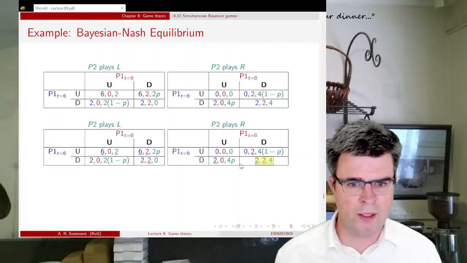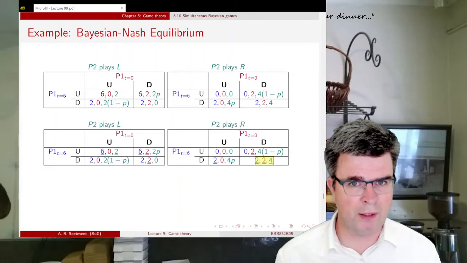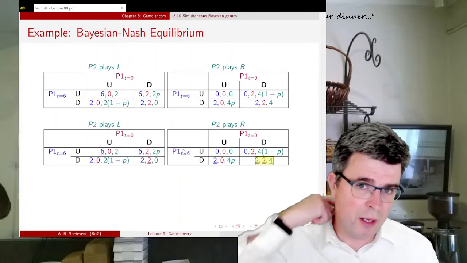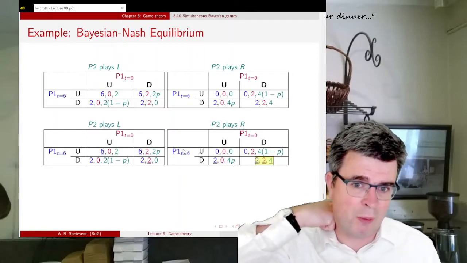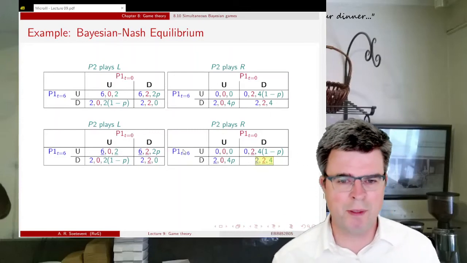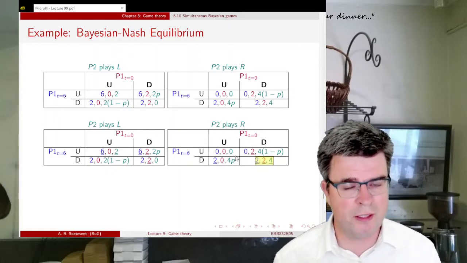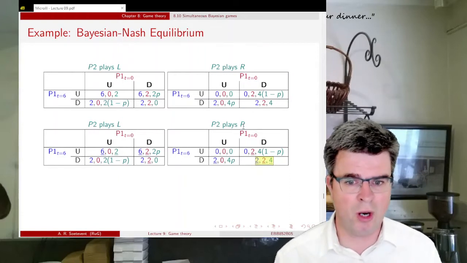So the combination of strategies where player 1 will play down always, independent of his type, and player 2 will play right, is an equilibrium. However, this is not a mixed strategy Bayesian-Nash equilibrium, because player 1 will not mix. He chooses D always, and also player 2 will not mix. He plays R always.